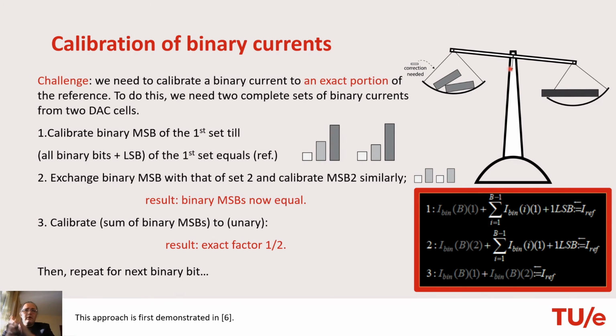If it's lighter, you need to add some current to balance the current comparator, or subtract current if needed. And this is what you do, adding or subtracting current from the MSB current of the first set, through a calibrating DAC, until the scale changes its sign.